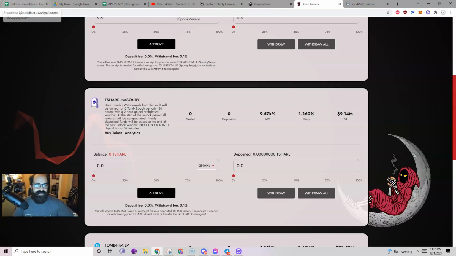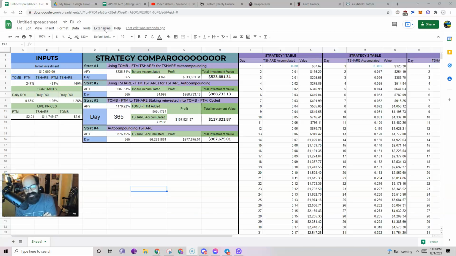So again, in terms of strategies, I added the APYs here just so you can see them, but the winner, by a little bit, is basically auto-compounding T-share with the assumption that T-share stays at or above its current price. Next best is using the T-share Fantom pool and then using those rewards for T-share auto-compounding, followed by using the Tomb Fantom to put T-shares into T-share auto-compounding, and then finally the whole weird cycle thing, and that is a loser by a dramatic amount, unfortunately, because it is a cool strategy.